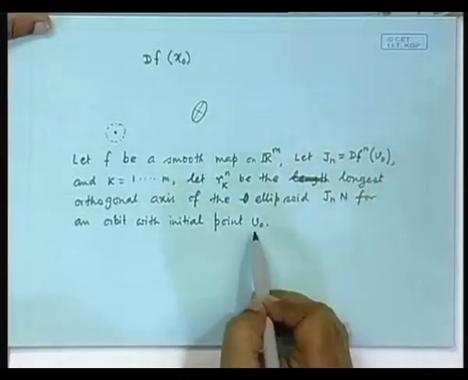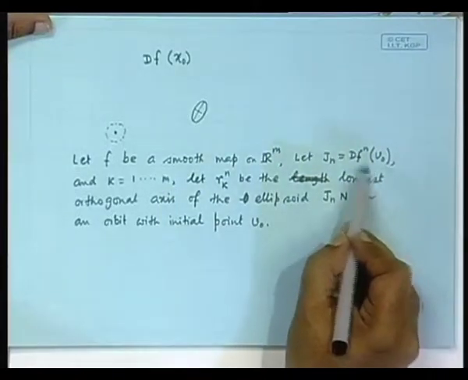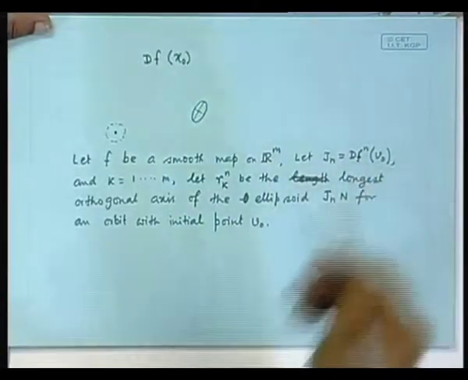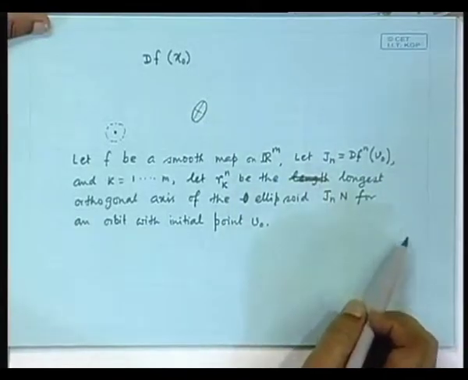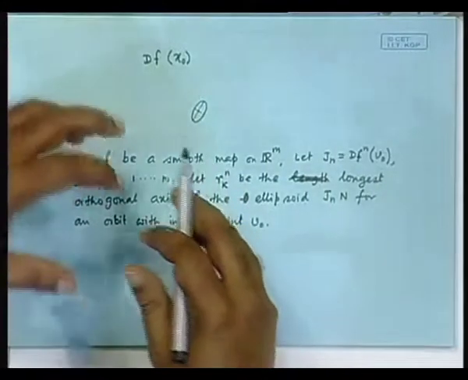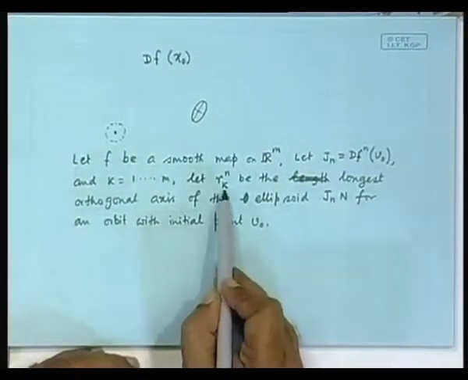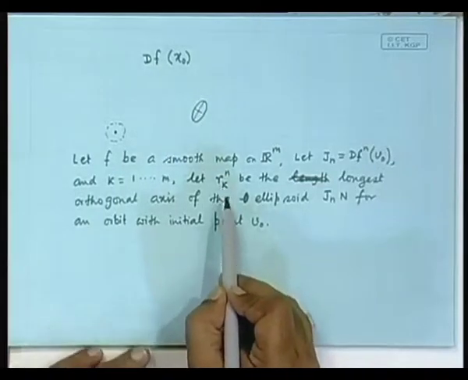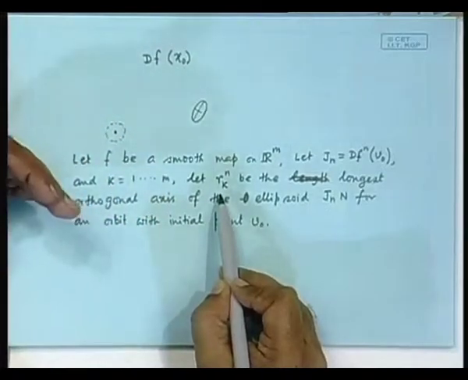So, V0 is the initial point. We have applied the Jacobian, we have obtained the Jacobian of the nth iterate of that, which is called Jn. After we have obtained that, then the longest orthogonal axis is R n k. What is k and what is n? K is the dimension, it measures the dimension.